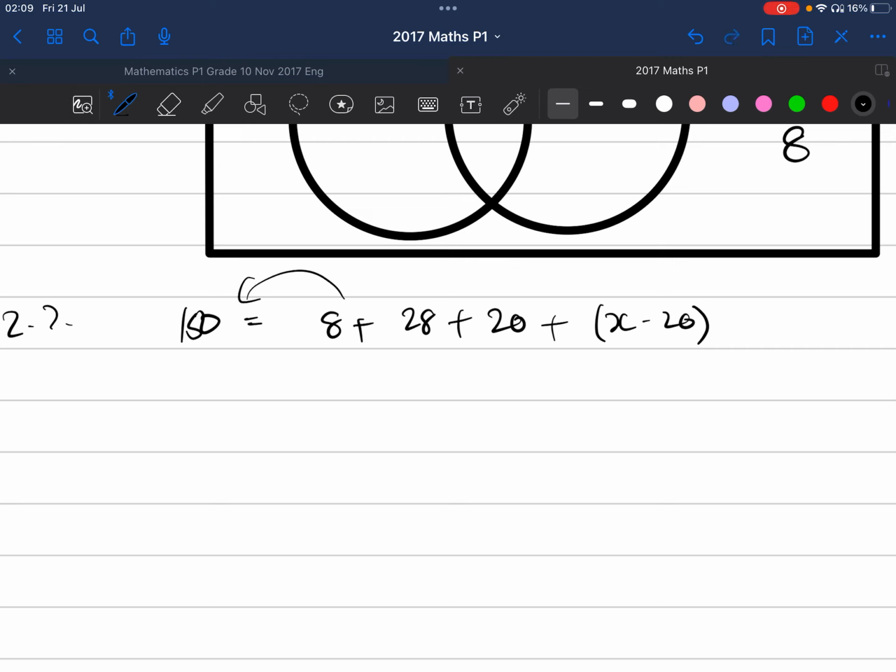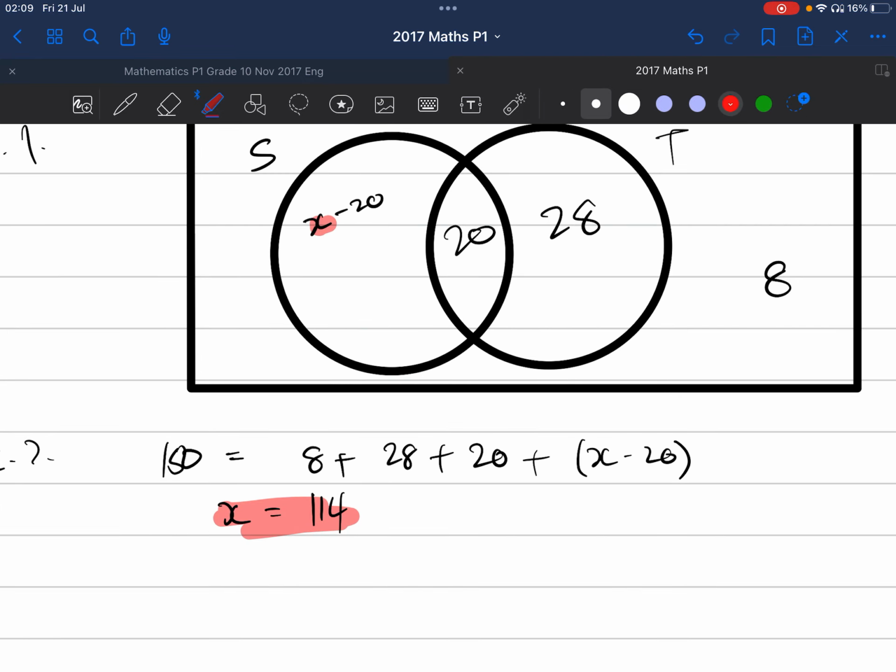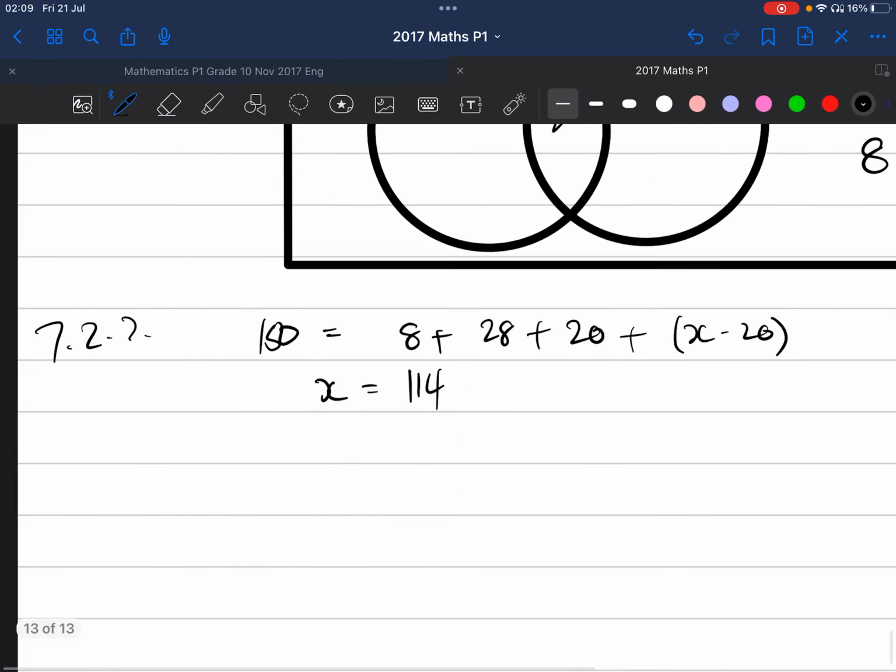We just take all of these to the other side and subtract them, and the 20 as well, but that's going to become positive 20, and then we can solve for X. So I'll just punch all this into a calculator. So 150 minus 8 minus 28 minus 20 plus 20 gives us 114. Okay, so X is 114, right? But the number of people who owned only a smartphone is X minus 20.